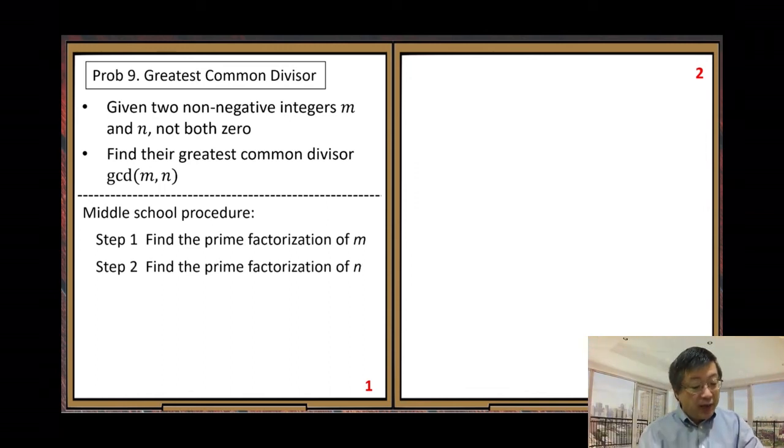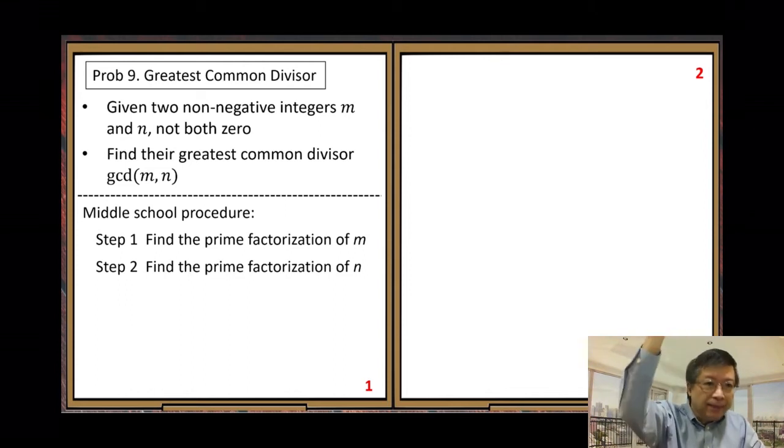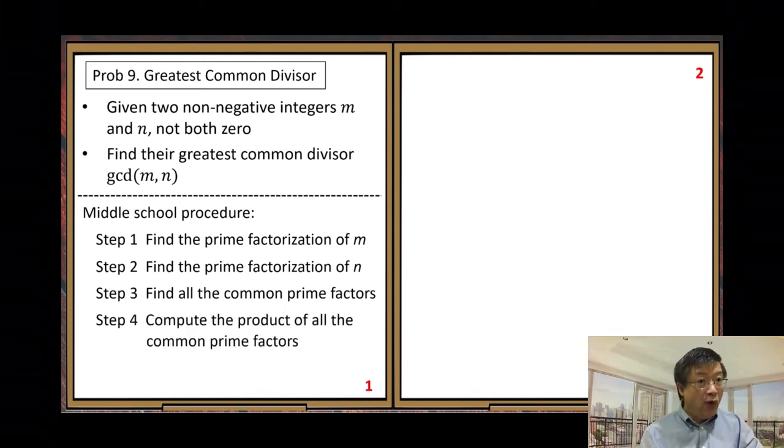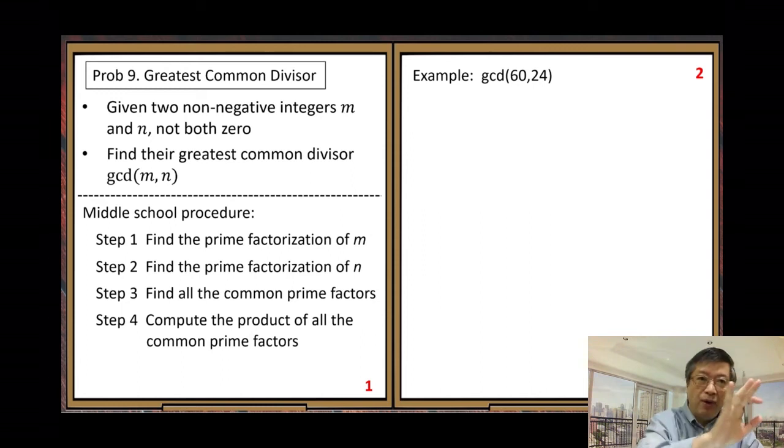Step 2, find the prime factorization of n. Step 3, find all the common prime factors. Step 4, compute the product of all the common prime factors. Very simple, right? Let us use a simple example to go through all these steps.